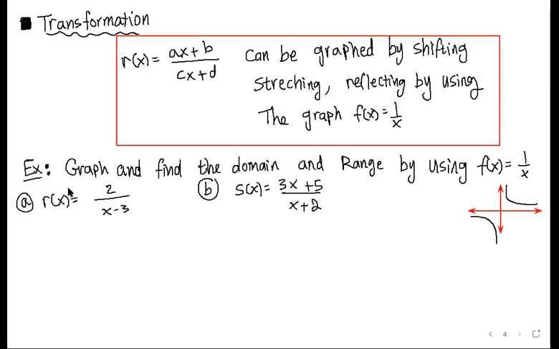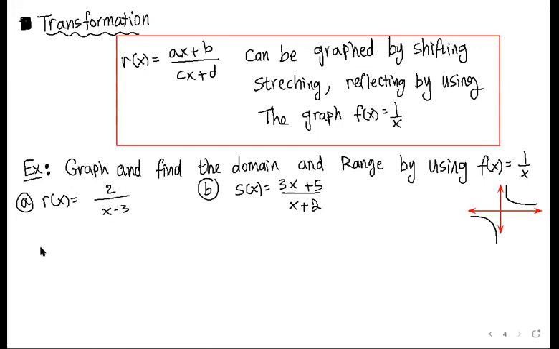So let me do this one and I will let you do the second one. To do the first one, r of x equal 2 over x minus 3. First of all, we have to factor this function.